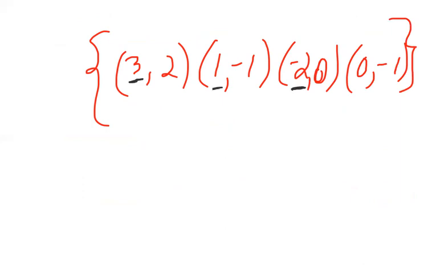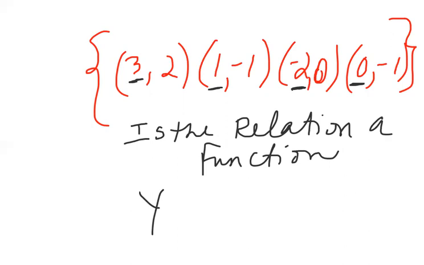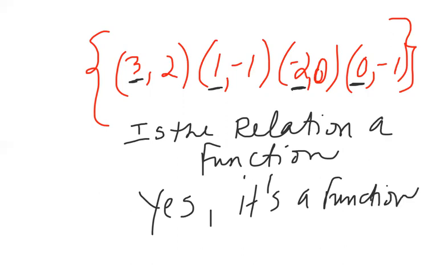Is anything repeating? No. So when the question comes up, is the relation a function? Looking at the relation here, the x's are not repeating. Therefore, it is a function. Yes, it's a function, guys. And just like that, you're done.